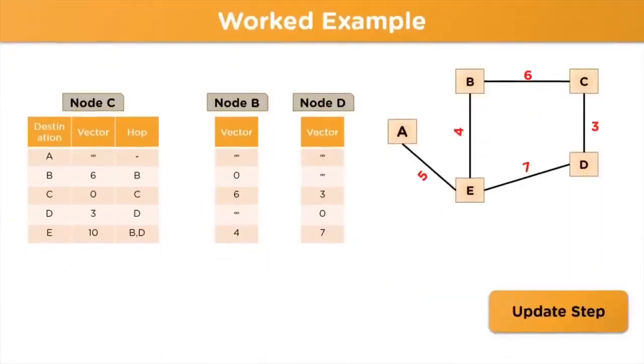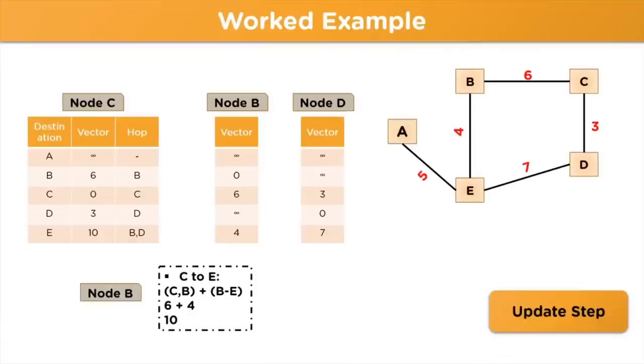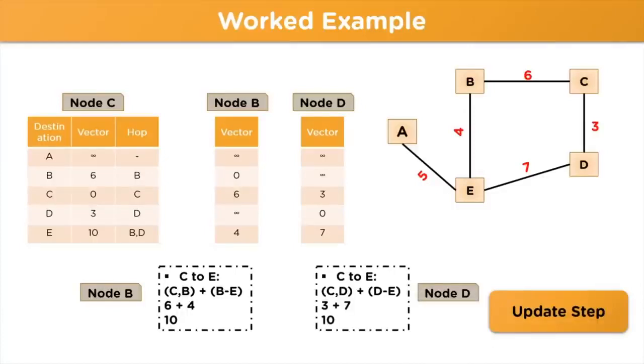Now for the last node, that is node E. In case of node B, we have C comma B plus B to E, where the value for C to B node is 6 and B to E is 4. So the sum is 10. And now in case of node D, we have 3 plus 7.